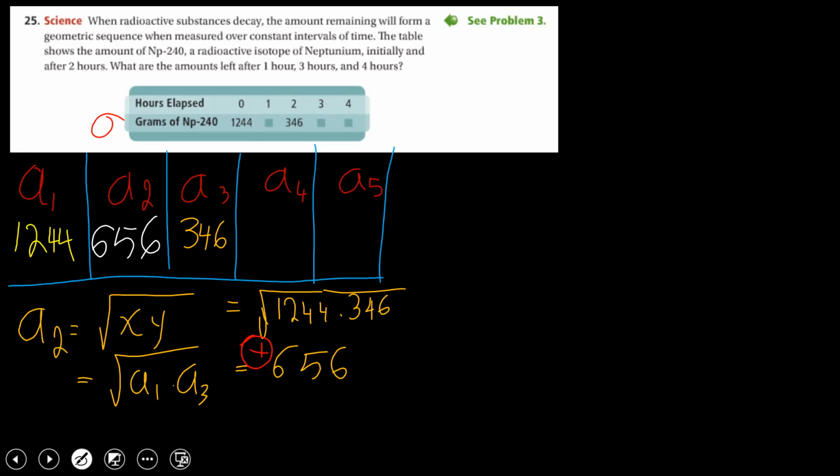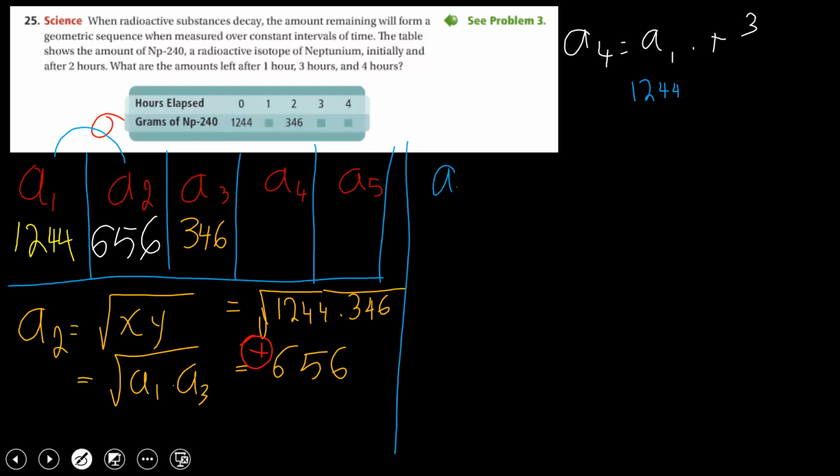Now, I need a sub 4. Look at here. If I want to find a sub 4, I just say it is a sub 1 times r raised to the power 3. How can I find a1? It is 1,244. Then r. How can I find r? How can I find the common ratio? By dividing two terms that come following each other.